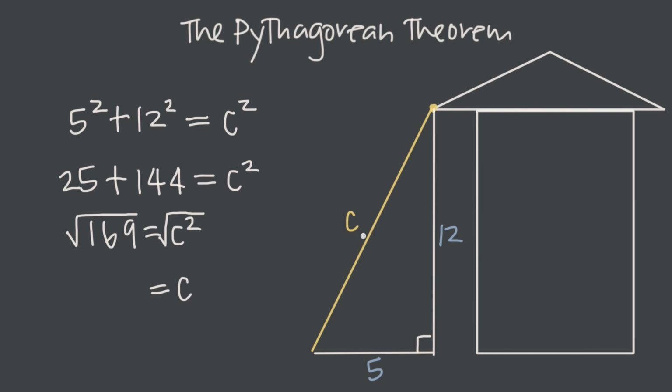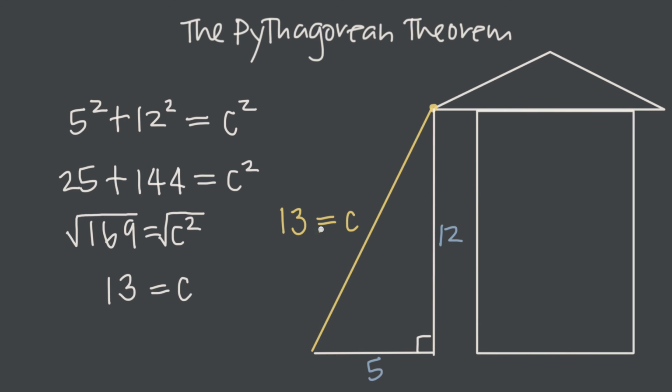So we can always ignore that negative value, and we can say that c is equal to positive 13. Therefore, I know that the length of my ladder has to be 13 feet in order for me to safely reach from the ground to the corner of the roof if I place the base of the ladder 5 feet away from the house.